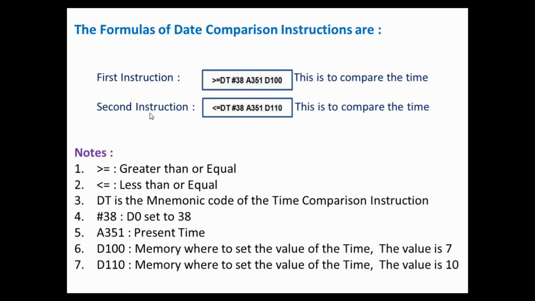Okay, for the second instruction, less than equal, DT, #38, A351, D110. This is to compare the time between A351 to the value of the setting time at D110.